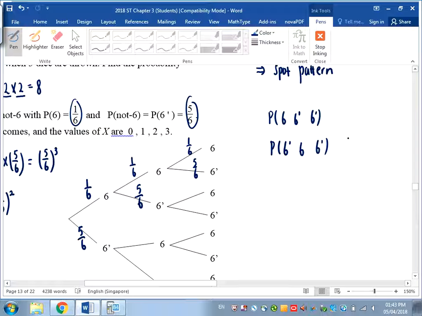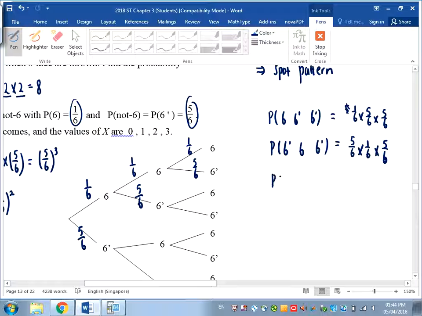If I were to find this probability, 5 out of 6 times 1 out of 6 times 5 out of 6, you find that it's exactly the same value as just now, which was 1 out of 6 times 5 over 6 times 5 over 6.